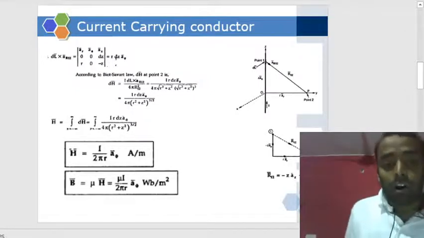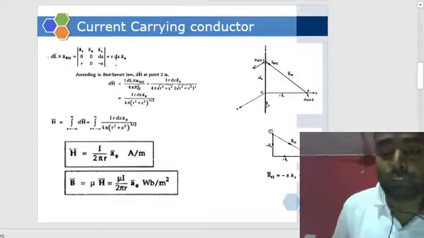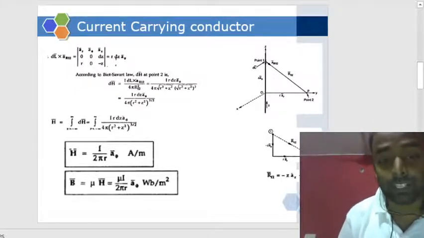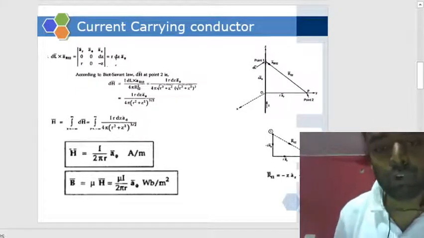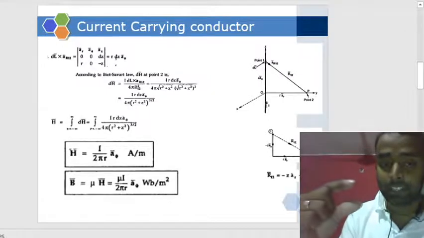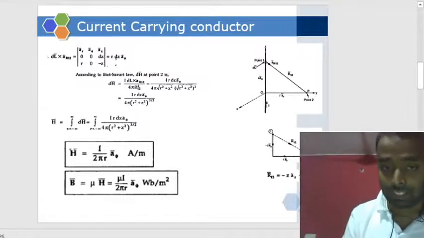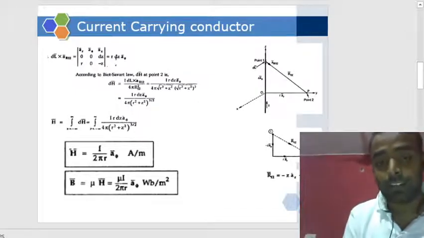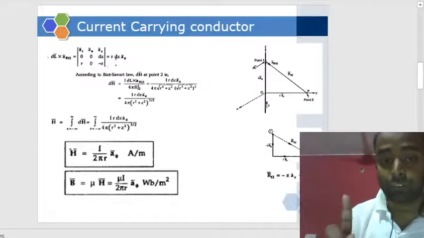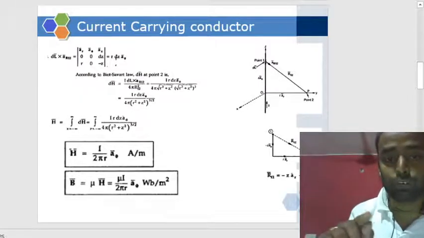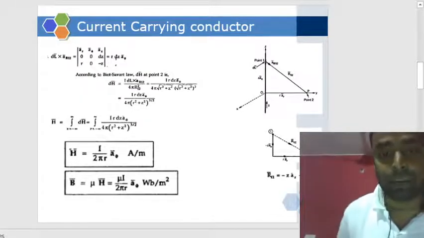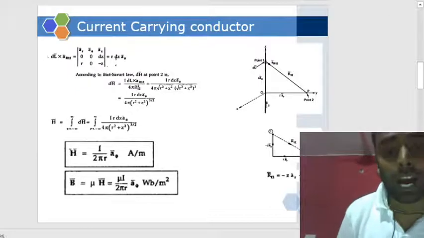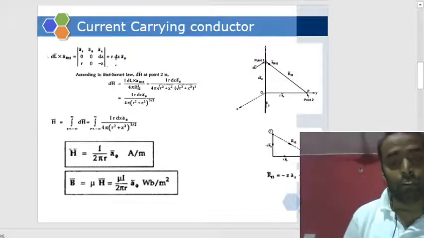Okay, for the numerical value and establishing the relation, first we'll take the differential length and multiply with a of r, then take the cross multiplication of these vectors. Remember, a cross b, simple in matrix form. So we'll get r dz of a phi only.